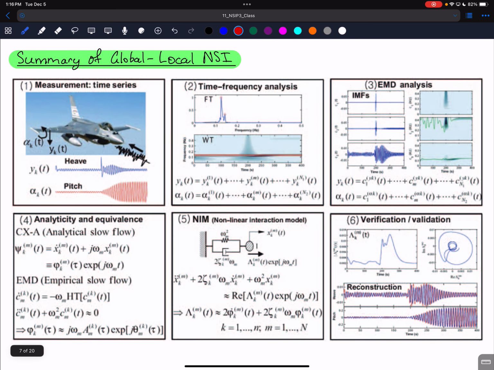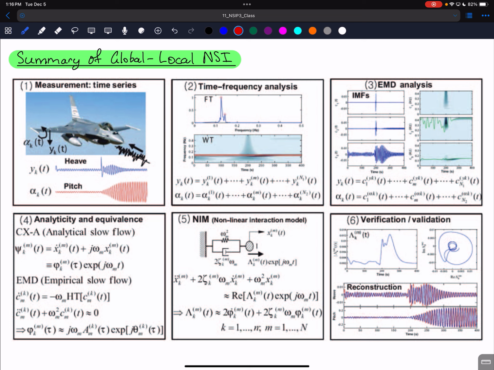All right, so just to summarize this method, we start off by doing measurements, particularly looking for time series and transient response measurements. We then do a time-frequency analysis, looking at what the components are. From there, we do the EMD analysis, extracting different IMFs. In today's time, you would probably use the wavelet-bounded EMD instead of just the plain EMD, therefore determining the dominant components directly.